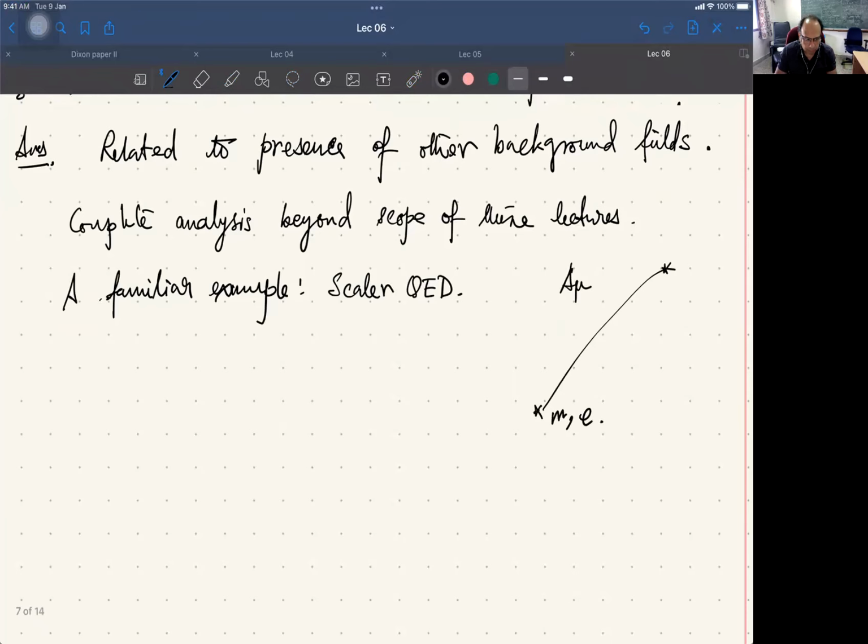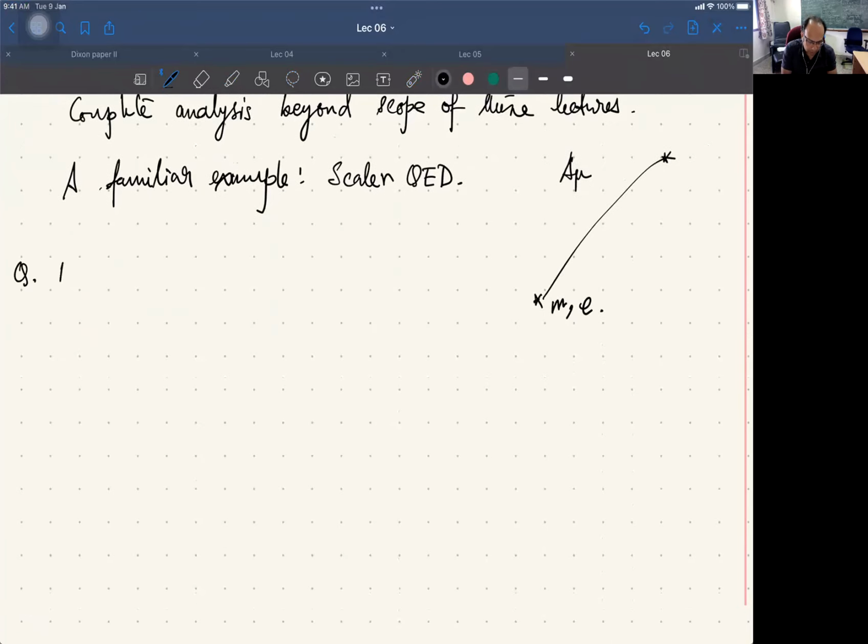Now, the question is, what is the worldline path integral? Of course, in the worldline path integral, all the geometrical remarks and features are the same here, except that the worldline action must be different, because the result must depend on the background A field.